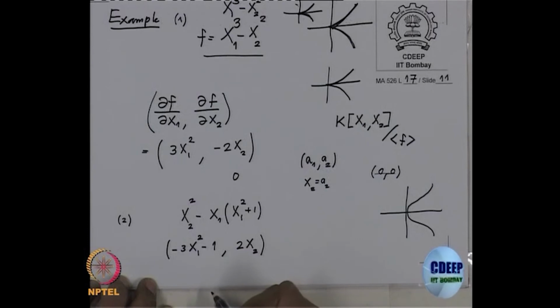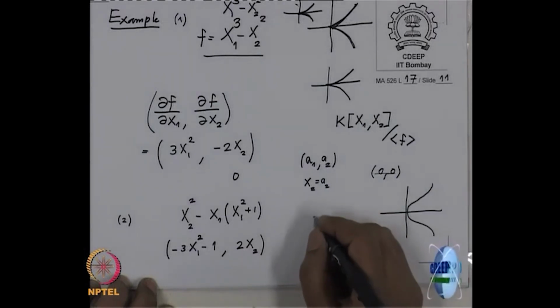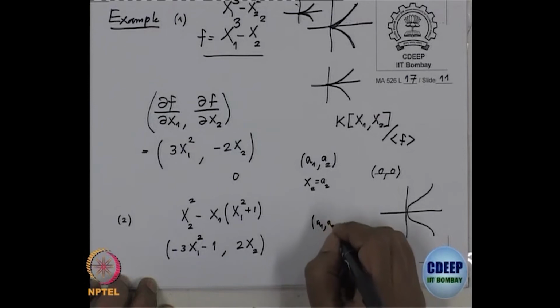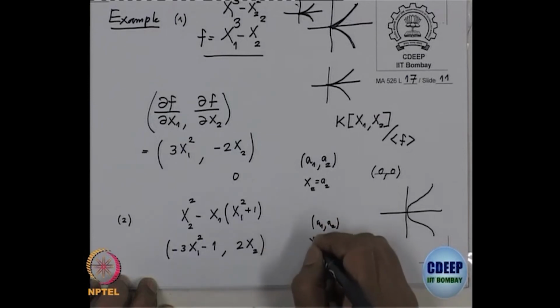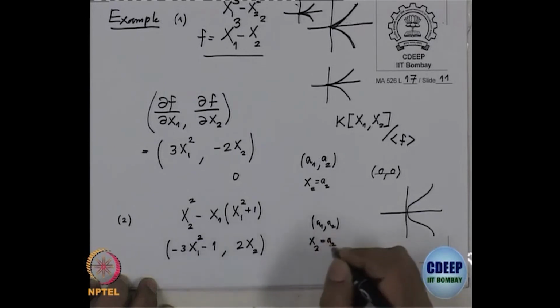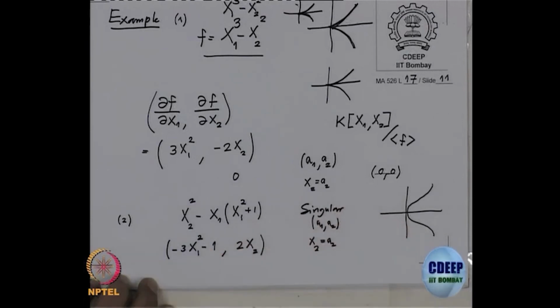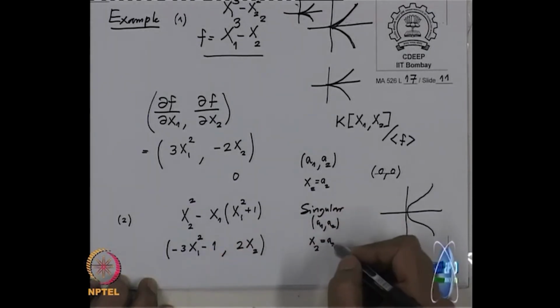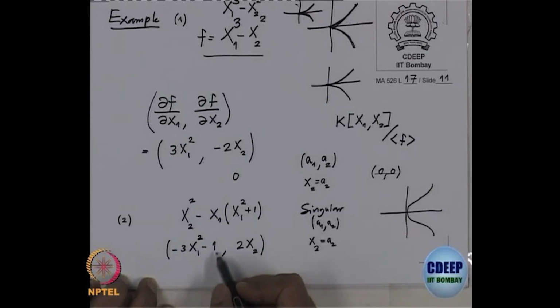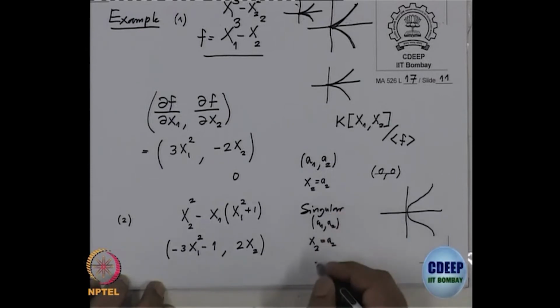Okay, so when is it singular? If I take the point (a1, a2), and if it is singular, then that means x2 is a2. I am looking at the singular points. Singular means the rank is strictly smaller. So x2 will be a2, and this also I want to be 0, but that will get solved for x1, right?